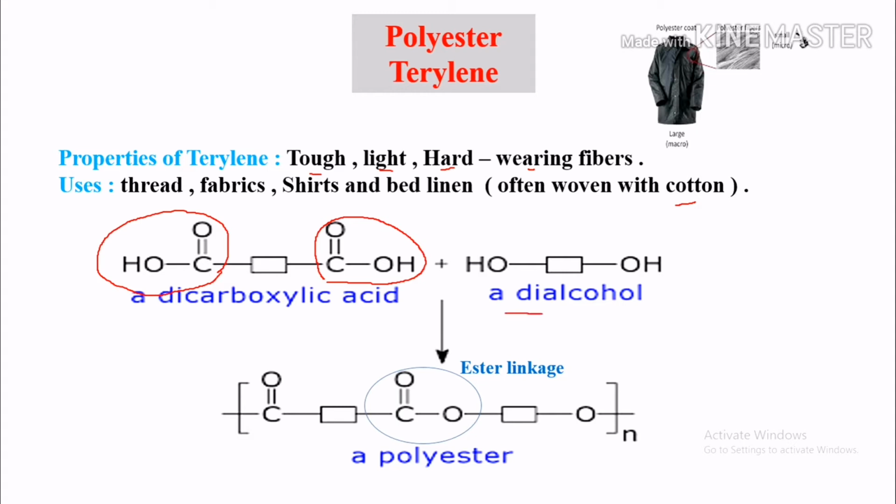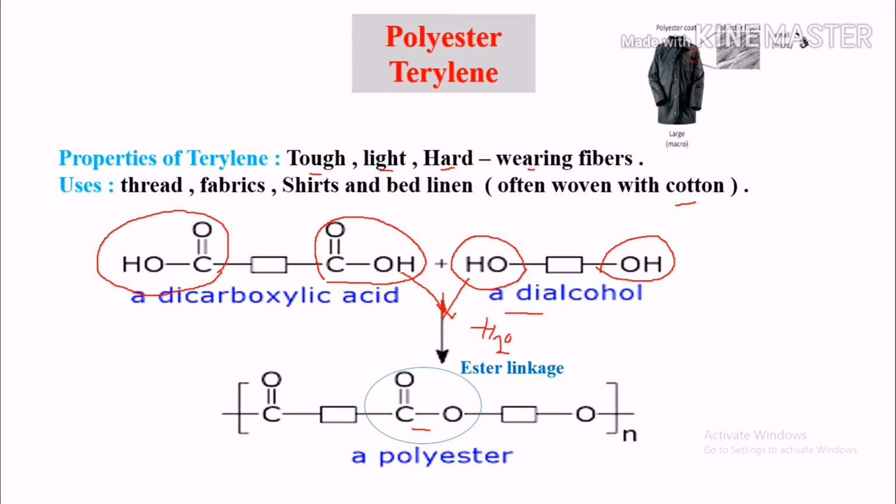It will react with a dialcohol. In a dialcohol, we have two hydroxyl groups, two OH groups. By making a condensation reaction, we will remove one molecule of water from our functional groups. By removing one molecule of water, H2O, from our alcoholic group and carboxylic acid groups, we will form an ester linkage.